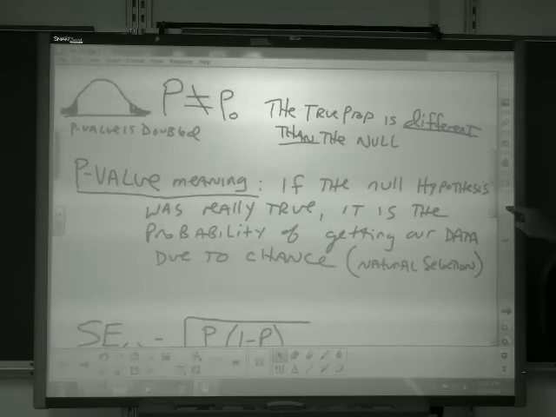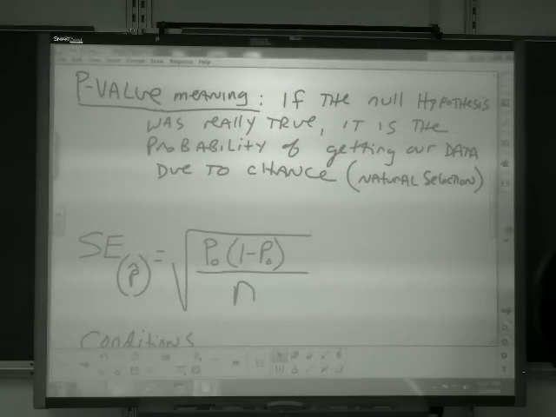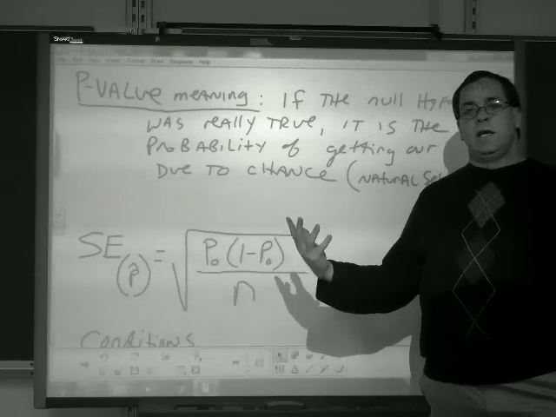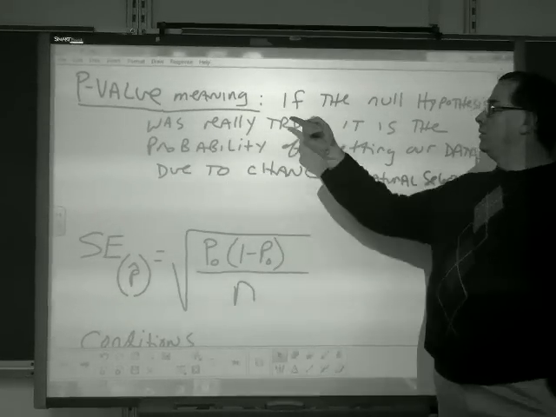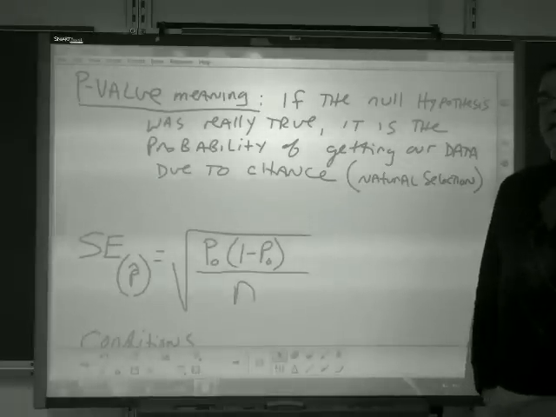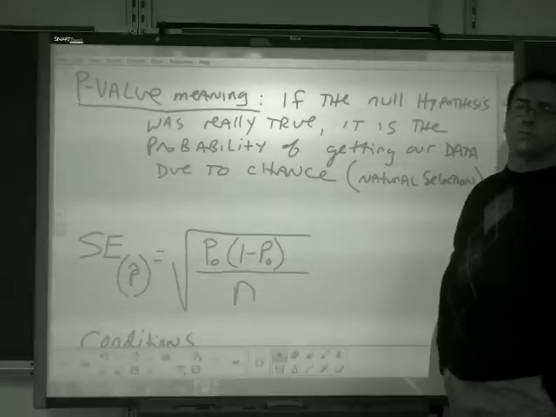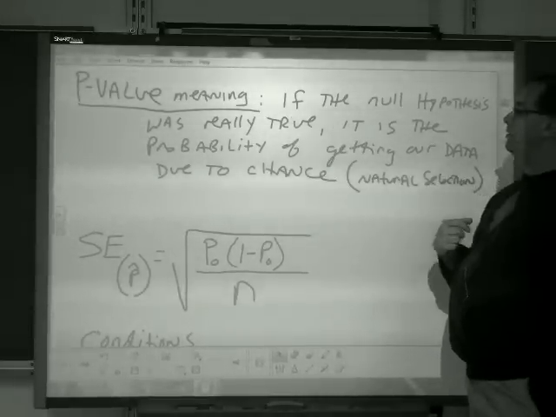So we ran the test in class, and we calculated a z-score, and we had an answer, and we talked about p-value. And I said I would give you more of a general description of p-value. Well, here's the meaning of p-value.